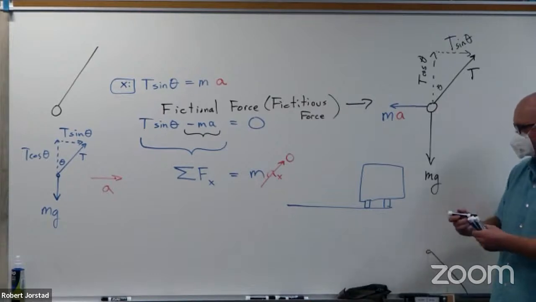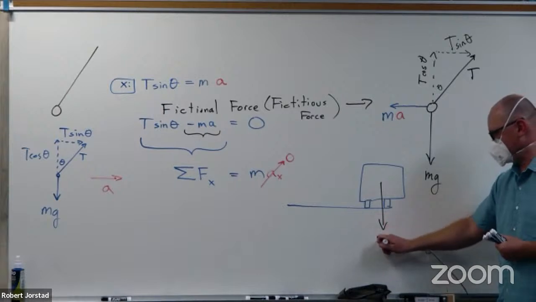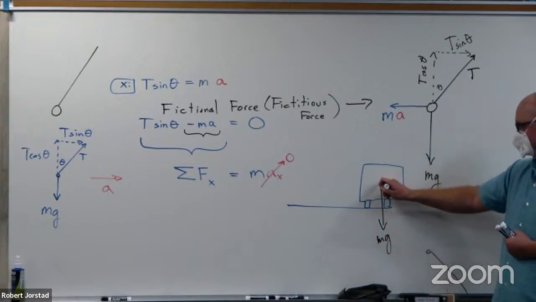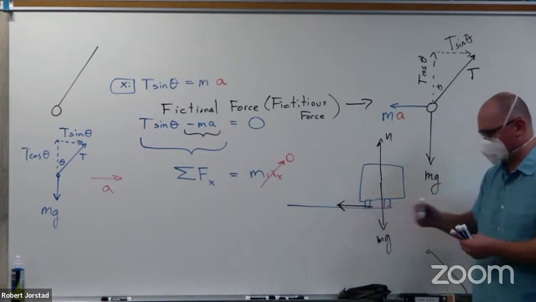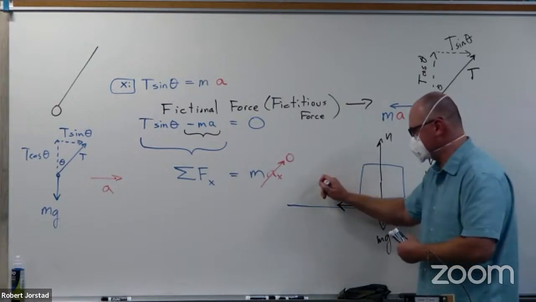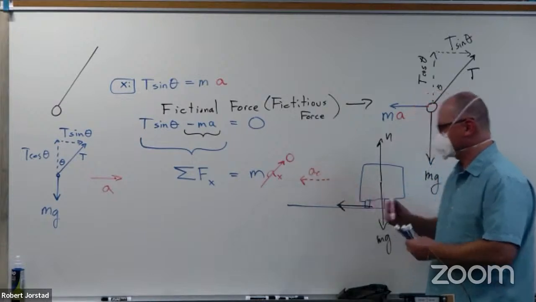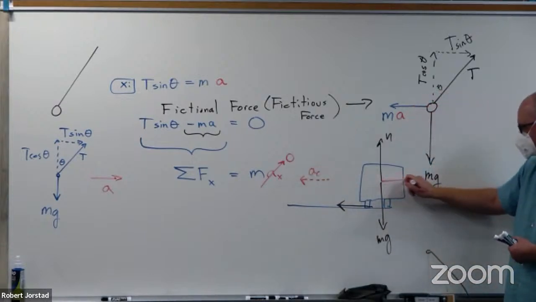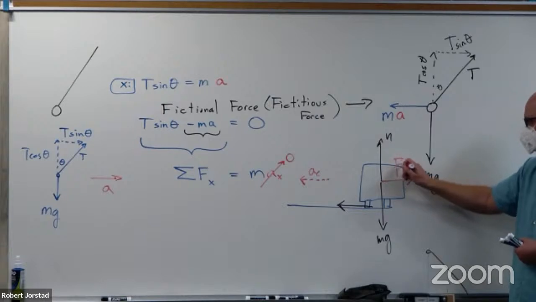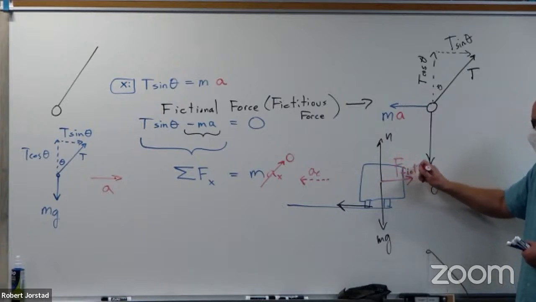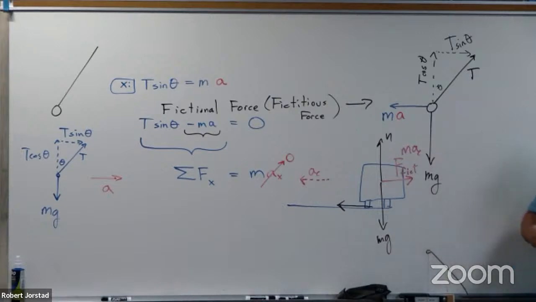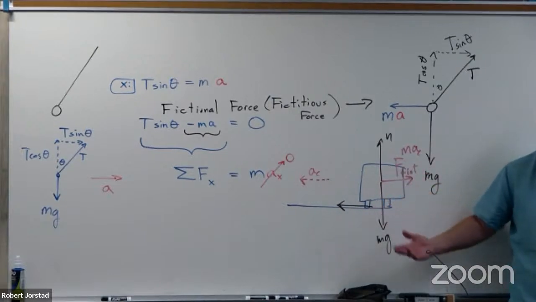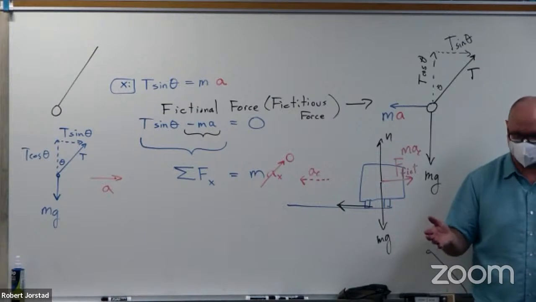Well, I could say it's not accelerating, and yet there's mg down, there's a normal force up. There's a frictional force toward the center. We know it should be accelerating this way. So that means there's a fictitious force this way. I'll call this force fictitious ma. And now I could treat this problem as at rest, and I could use what's called statics techniques.